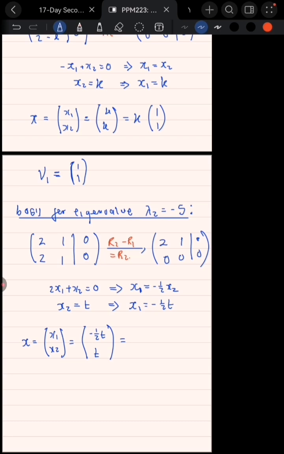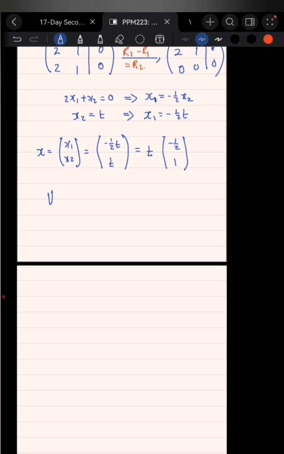This will be equal to t times minus 1 over 2, 1. The eigenvector associated with the eigenvalue minus 5 will be minus 1 over 2 and 1.